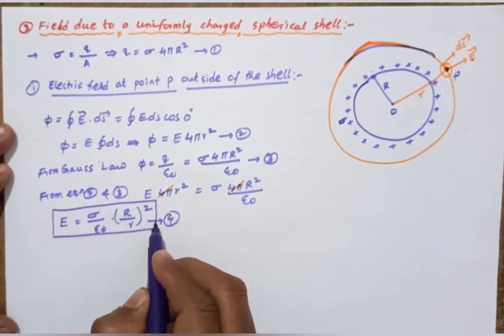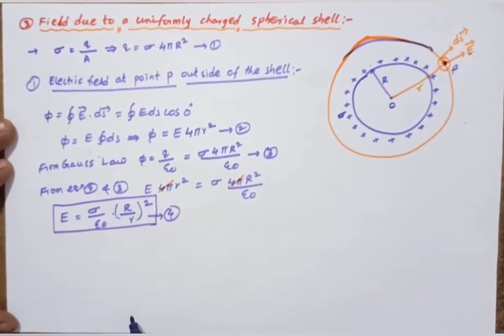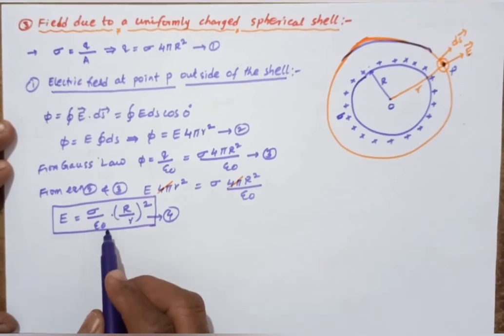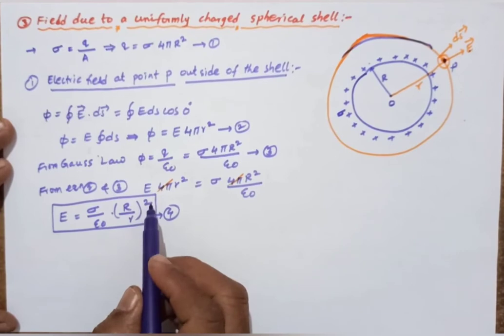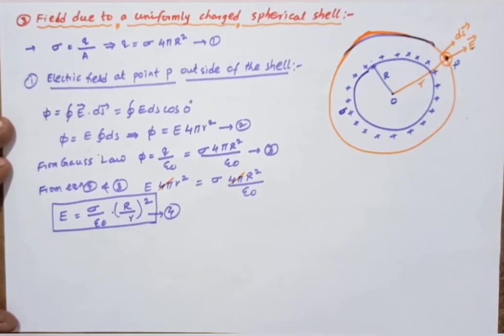So this is the electric field. Electric field E equals sigma by epsilon naught into R² by r², so R by r whole square.